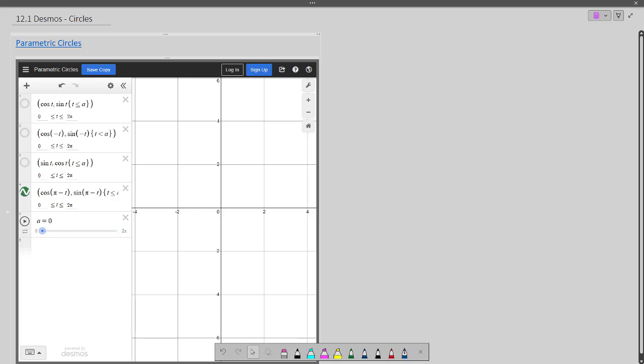It won't always be as simple as just changing. It seems so far that if I just replace t with negative t, maybe that just changes the orientation. And it will sometimes. That will be enough to change the orientation from clockwise to counterclockwise or vice versa.